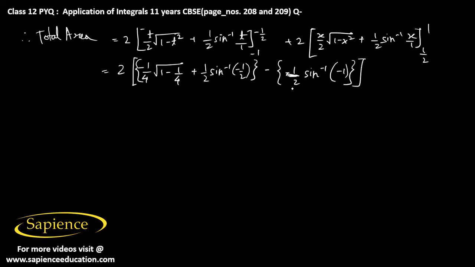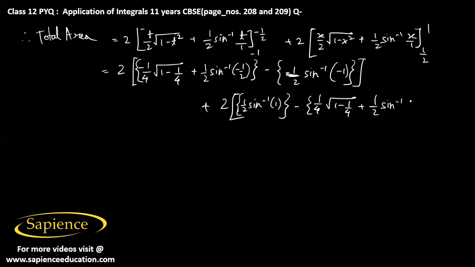Then plus 2 into, if I put 1 here, that will become 0, then half sine inverse 1. Then minus, if I put half now, this will become 1 by 4 square root of 1 minus 1 by 4 plus 1 by 2 sine inverse 1 by 2.